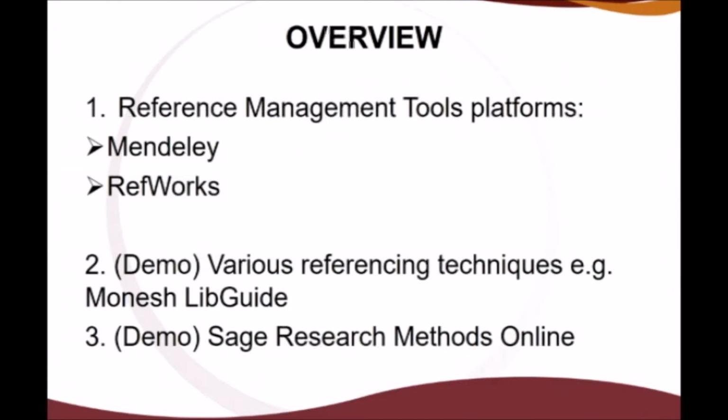What we're going to do this morning, I'm just going to take you through what we call a reference management tool, which lists some of the tools that you can use from your honours level, whether you continue with your Master's and Doctorate. These are the tools that will allow you to keep all your references there.